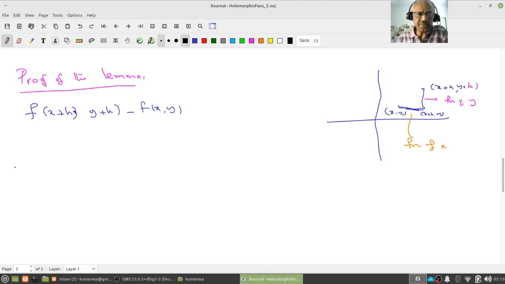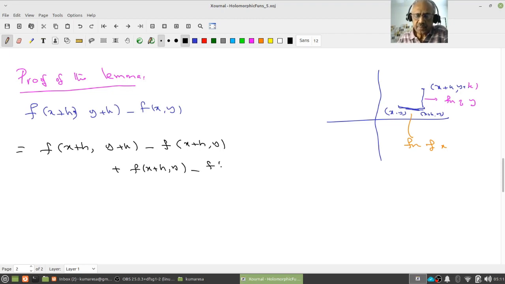So we add and subtract. Therefore f of x plus h, y plus k, minus f of x, y: you come from here to here, this is going to be f of x plus h, y plus k minus f of x plus h, y, and plus f of x plus h, y minus f of x, y. So we are doing this first and then this is the second.